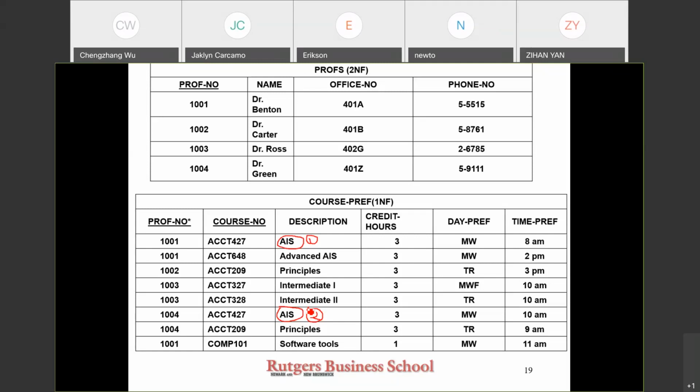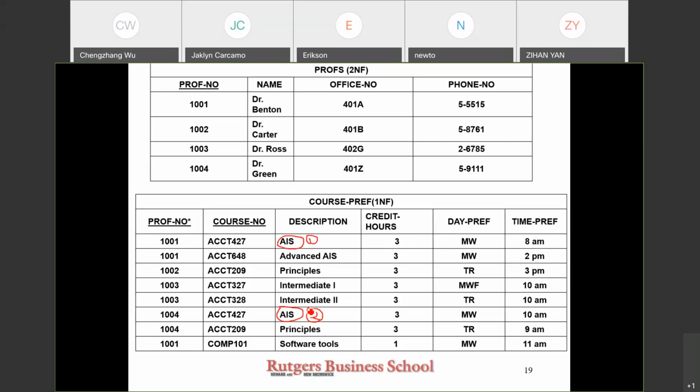So this inadvertent loss of data is called delete anomaly. And also, delete anomaly can also be avoided.